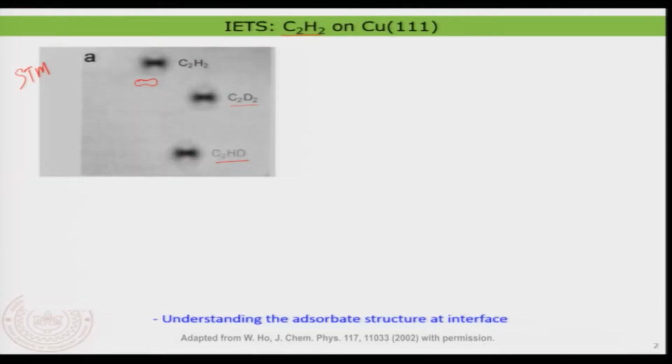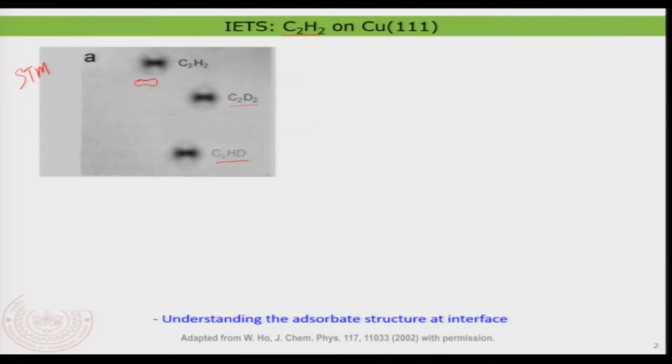So how can we do a chemical fingerprinting of the molecule? In STM, since we are making images and looking at the electron density of the surface or the adsorbate molecule, it is hard to clearly define a fingerprint, unlike in spectroscopy.